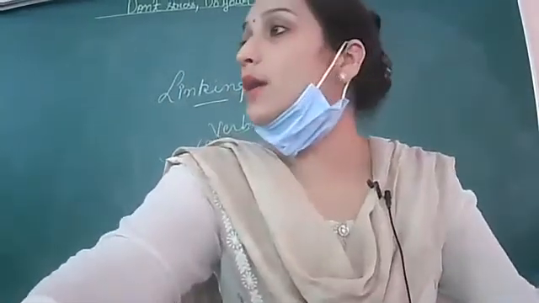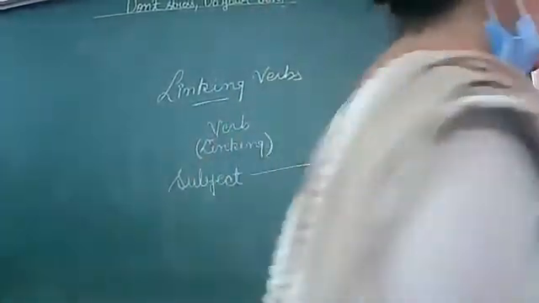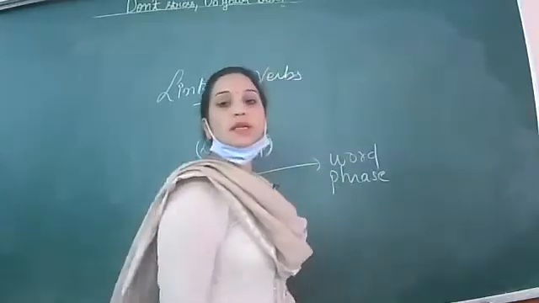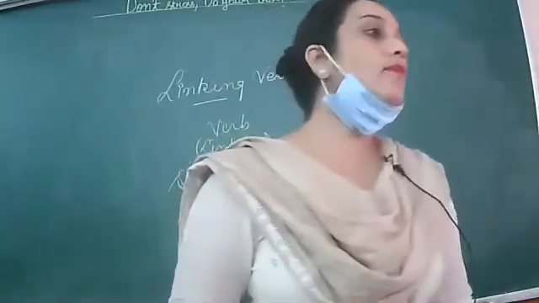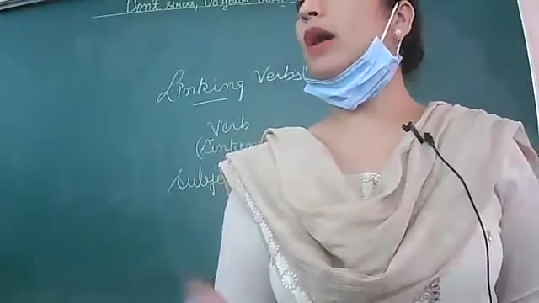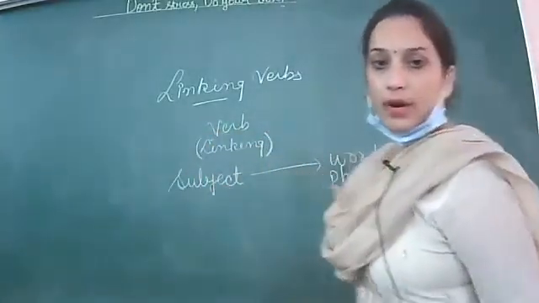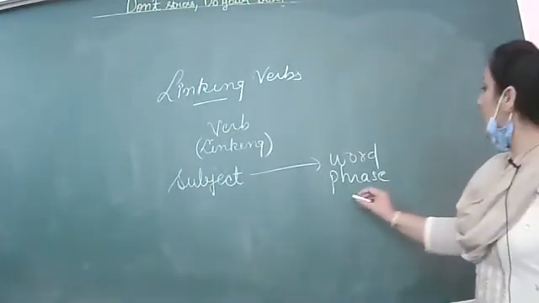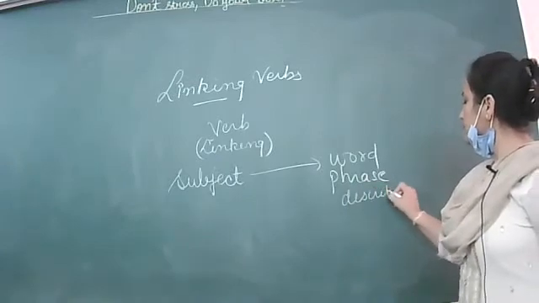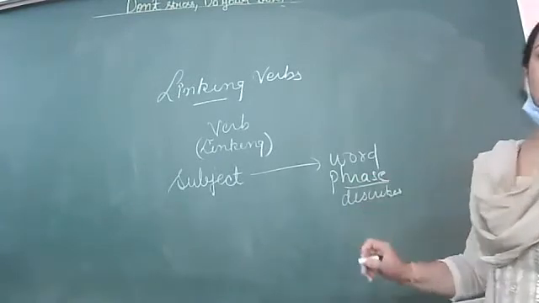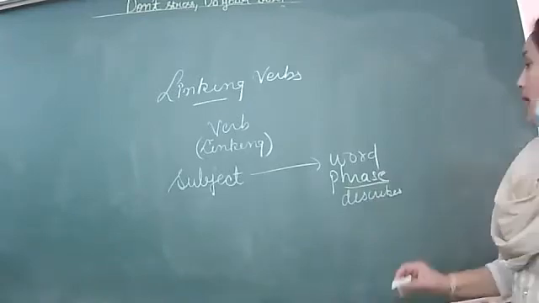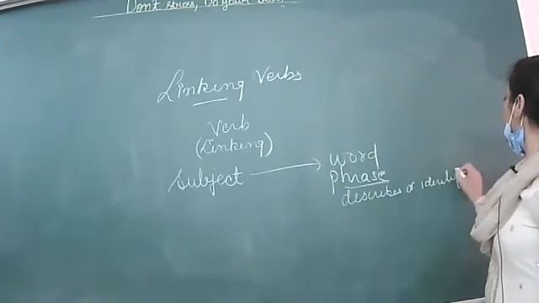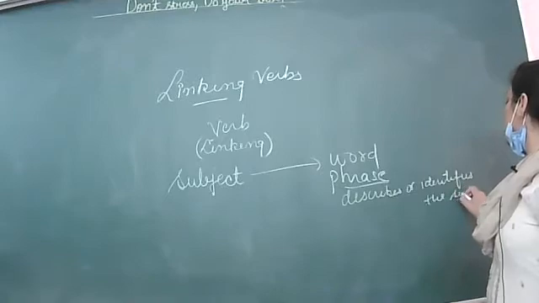Now this word, what is that word? That word can be anything, or it can be a phrase. Phrase, what is that phrase? It is a group of words. So it makes a connection from the subject to a word or to a phrase, and that phrase describes or identifies the subject.